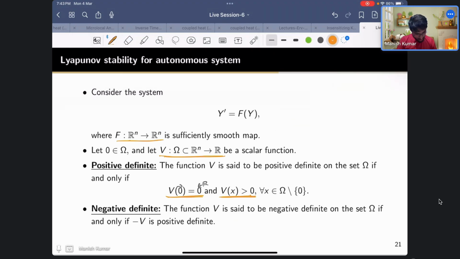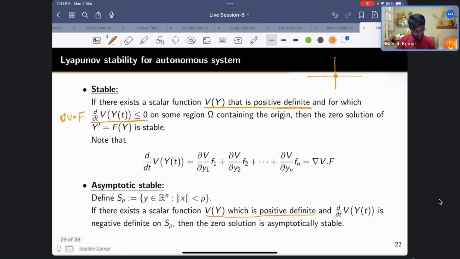We stick to some neighborhood of 0, so omega is some neighborhood of 0. If you have this property on some region omega around the origin, then we say that the equilibrium point (0,0) is stable.